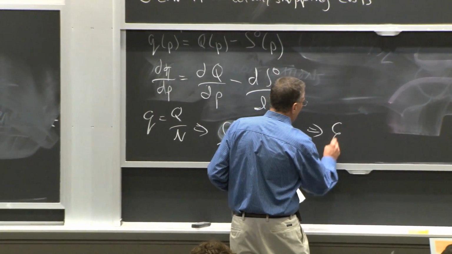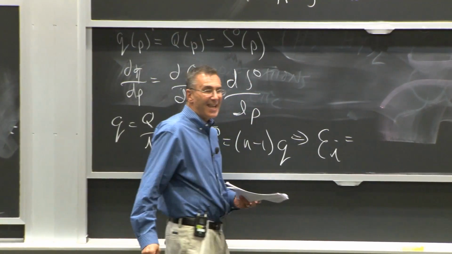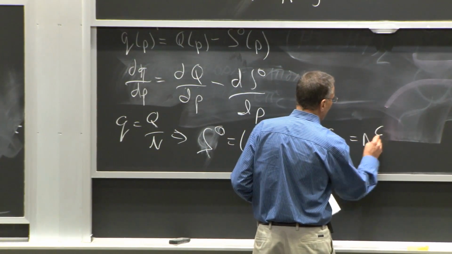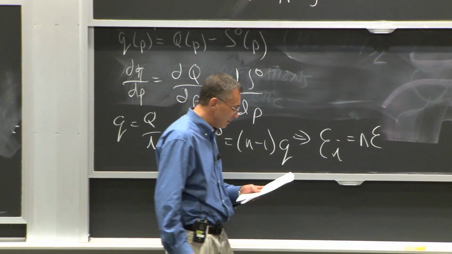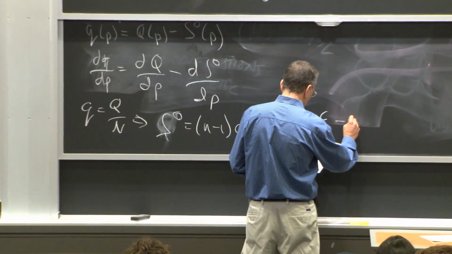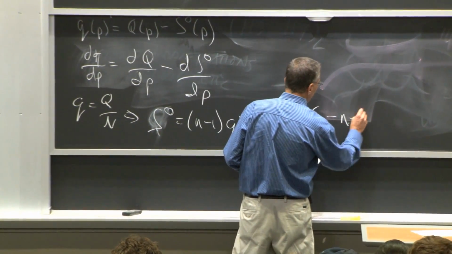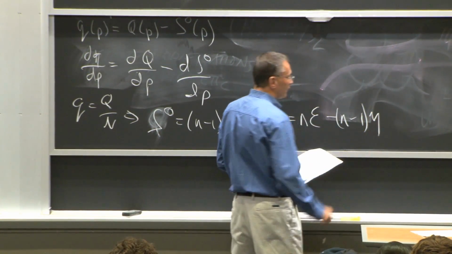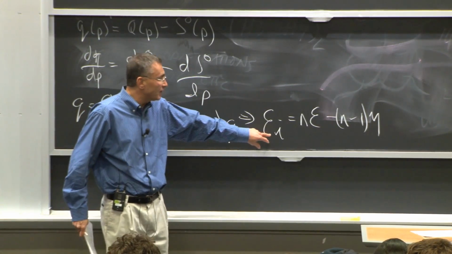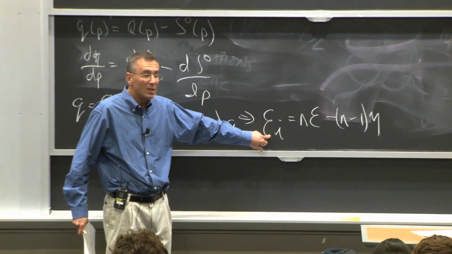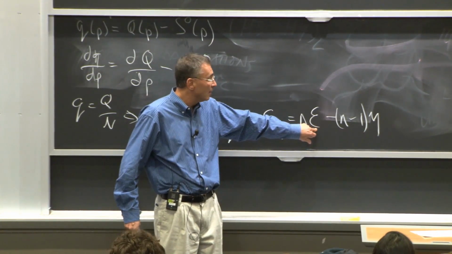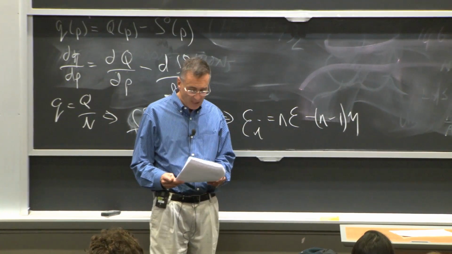The elasticity of demand facing any given firm is n times the elasticity of demand facing the market minus n minus 1 times the elasticity of supply.